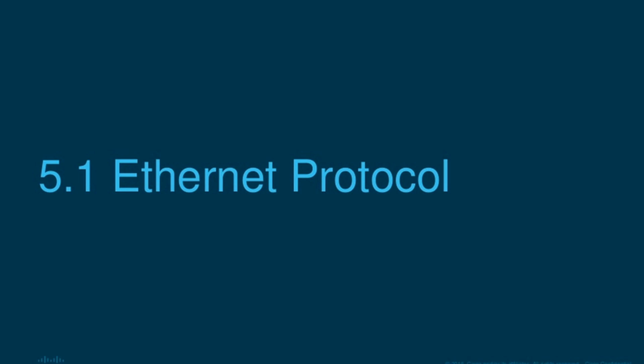The MAC sublayer has two primary responsibilities: data encapsulation and media access control. The data encapsulation's primary functions are frame delimiting, addressing, and error detection. So the Ethernet evolution.